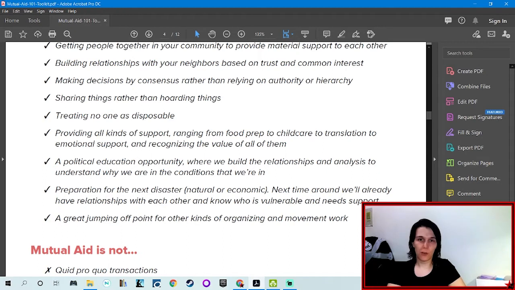Why are the conditions the way they are? And the answer is going to come down to a mix of the racist and sexist and homophobic policies, in addition to a class analysis.